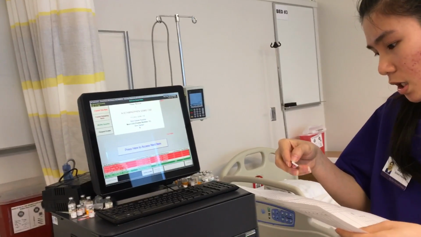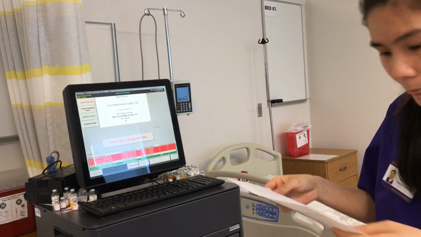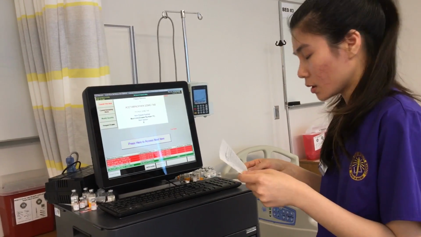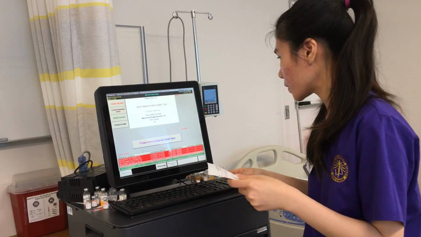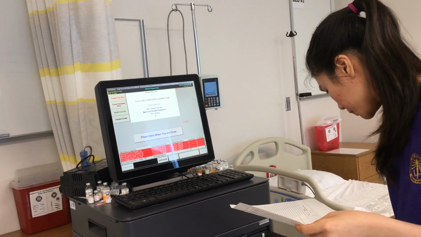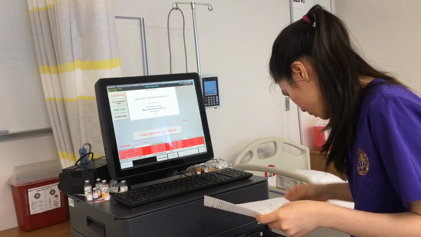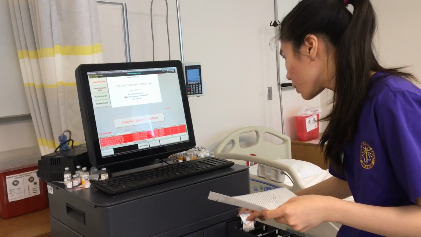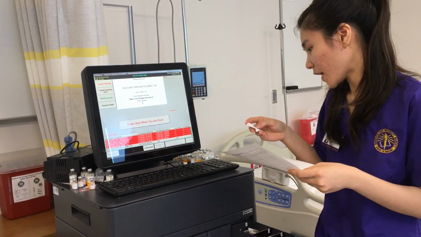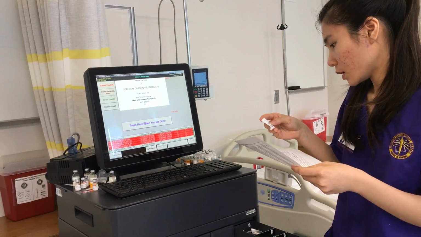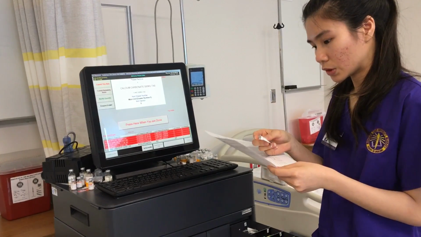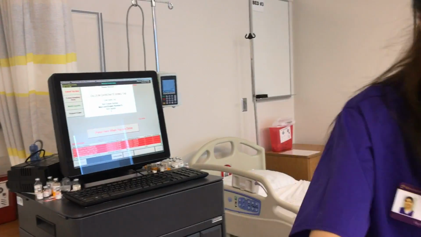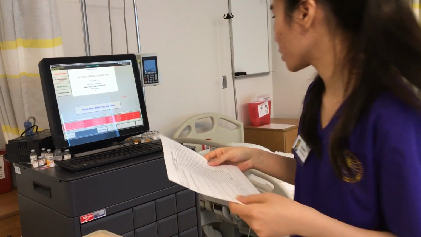And the expiration date is good. Next item would be the calcium. Calcium is 500 milligrams. Expiration date is good. I put them in my med cups right here.